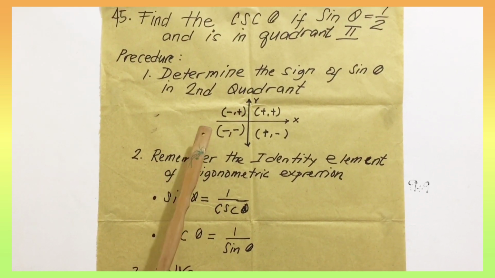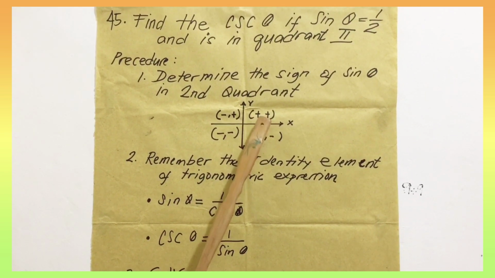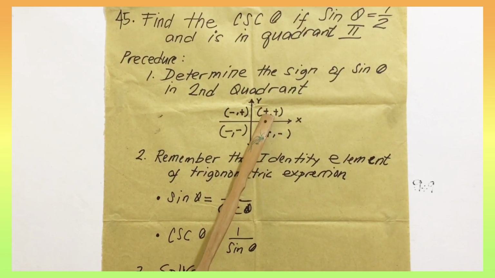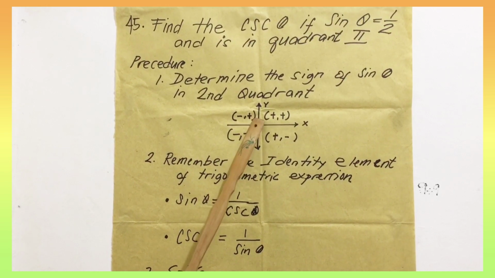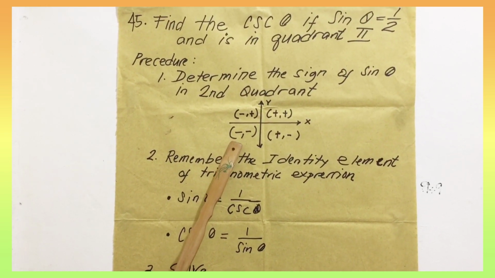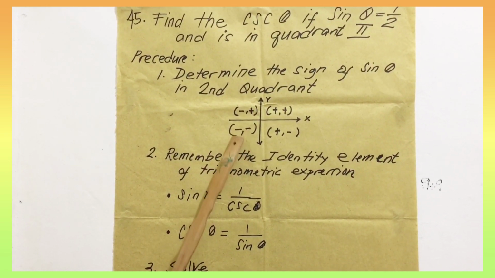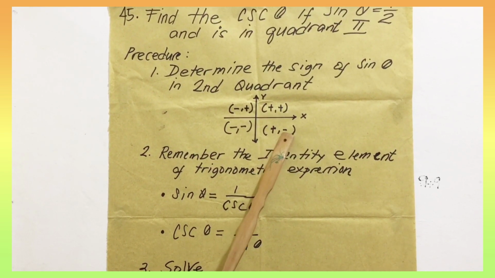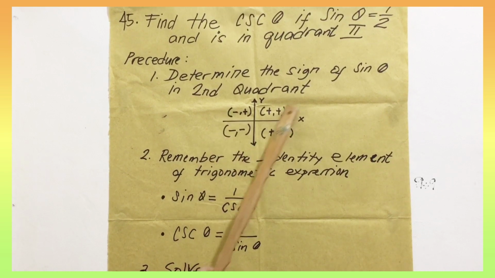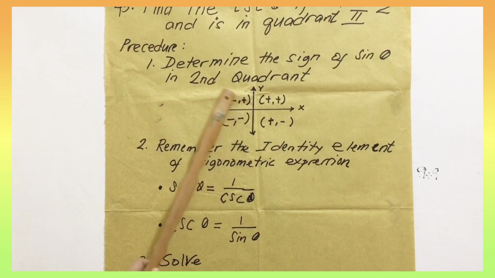And then remember, this is the first quadrant. The signs of the coordinates are positive and positive, and here is negative and positive. This is the second, this is the third, negative, negative, and for the fourth quadrant, positive and negative. So since second quadrant, it should be here.